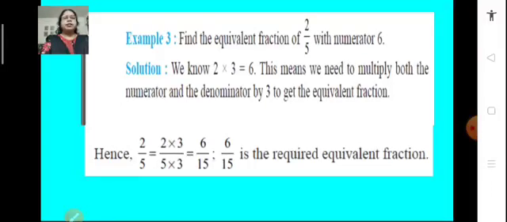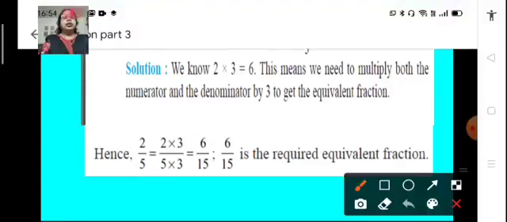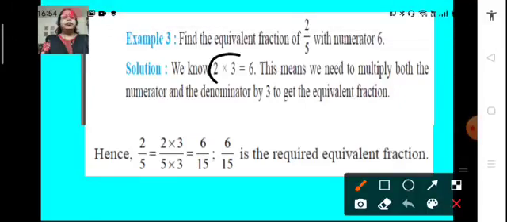Let's look at one more example. Find the equivalent fraction of 2 upon 5 with numerator 6. So here we have a fraction 2 upon 5. How do we get the numerator 6 here? We get the numerator 6 by multiplying the numerator 2 by 3, isn't it?